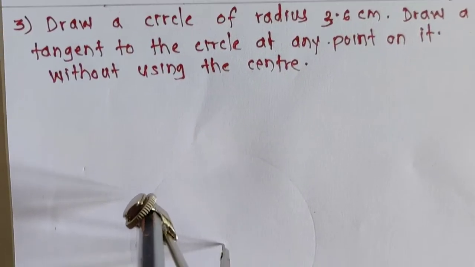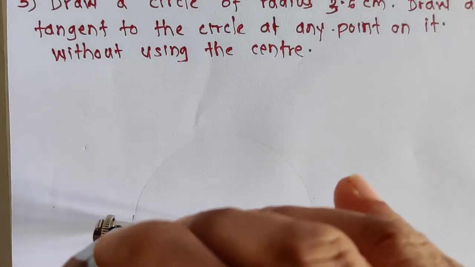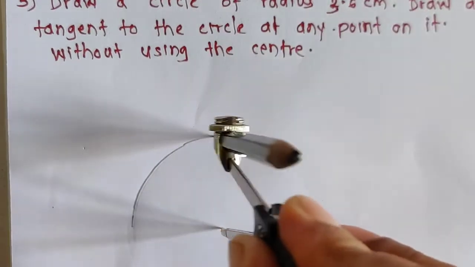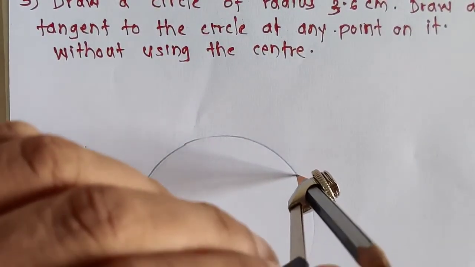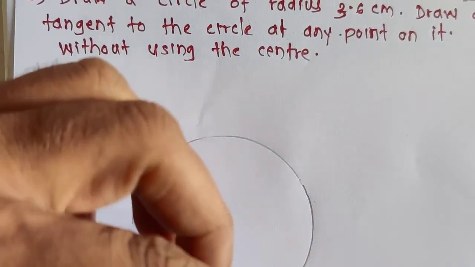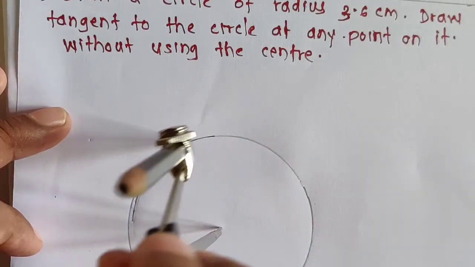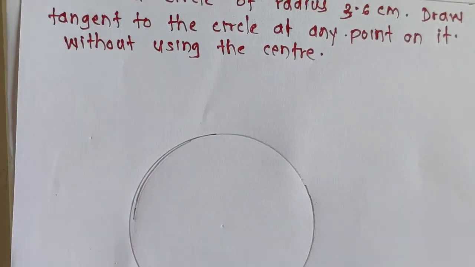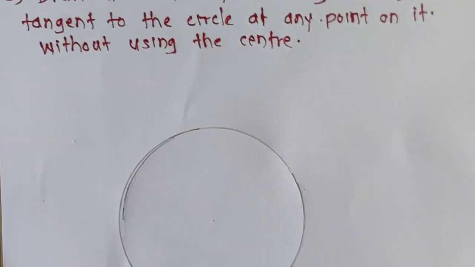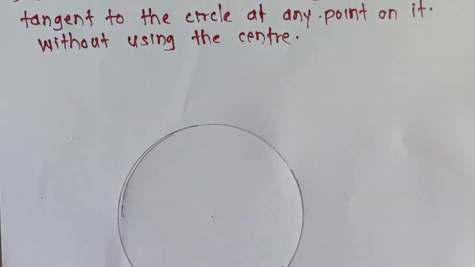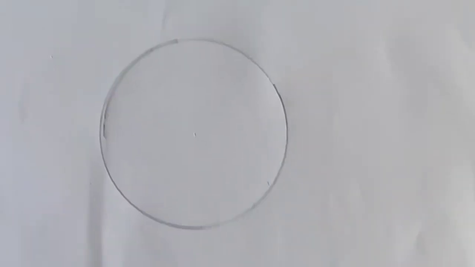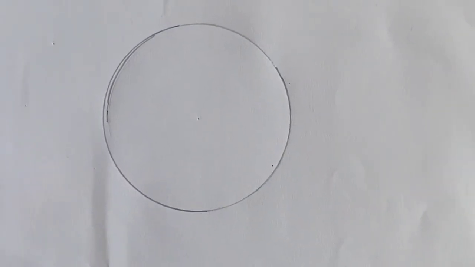So here we are drawing the circle. Here it is the circle. Your compass must be better than this one, because if the compass is loose then this problem arises. Now here the circle is drawn.